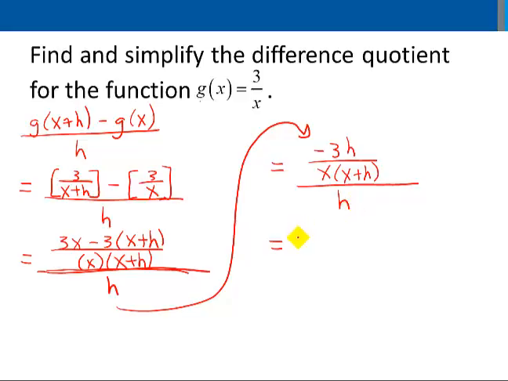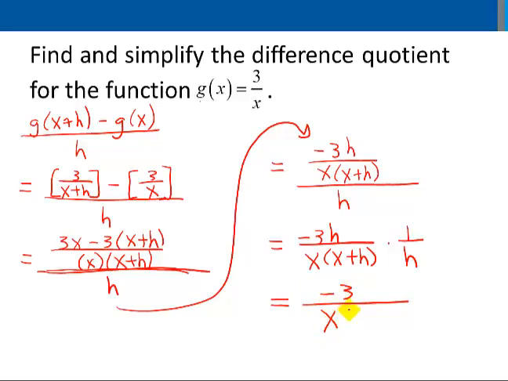So I'm going to write this as negative 3h over x times x plus h times 1 over h. Simplifying finally to give us a difference quotient of negative 3 over x times x plus h.